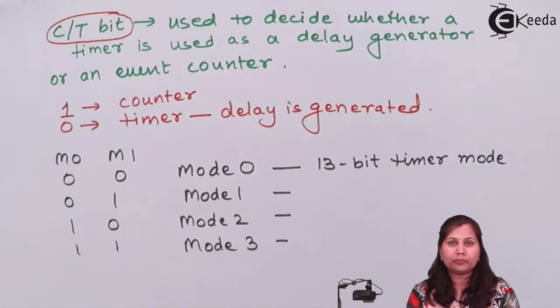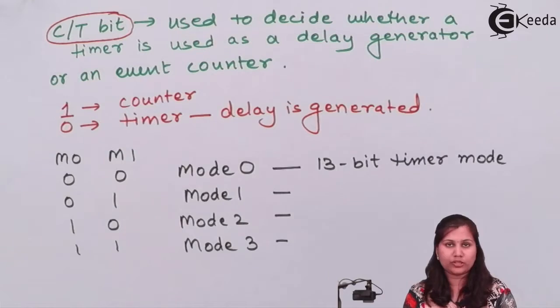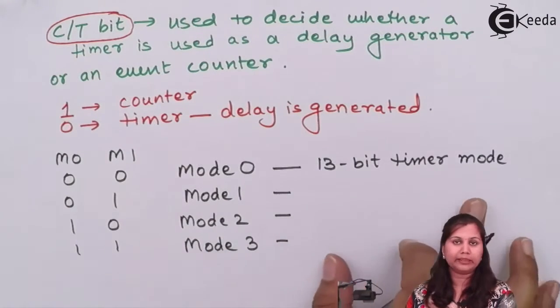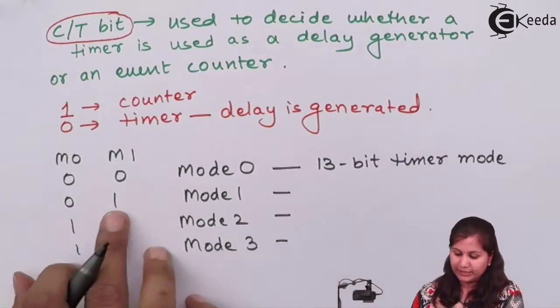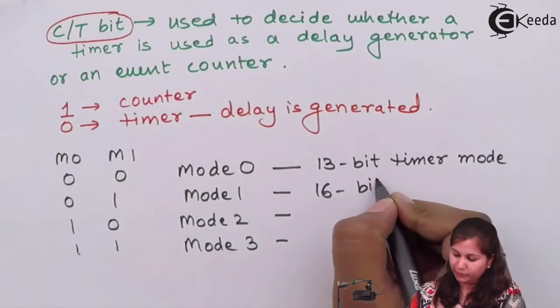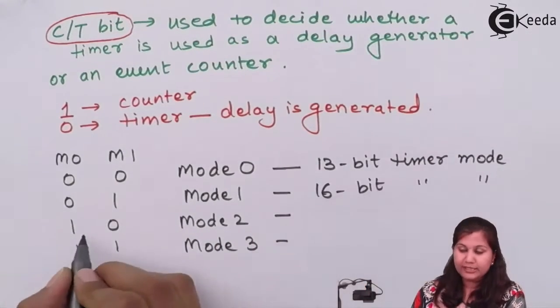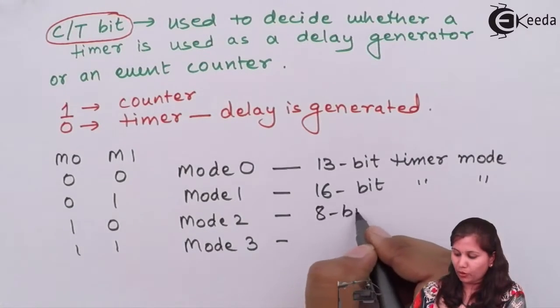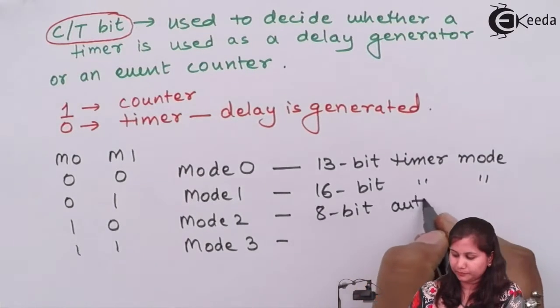When these two bits have the value 0 0, then mode 0 is there, which is also known as the 13-bit timer mode. When it is 0 1, then mode 1 is there, which is called the 16-bit timer mode. When it is 1 0, then we have mode 2, which is called the 8-bit auto reload.